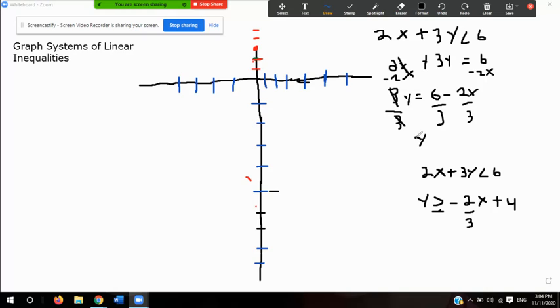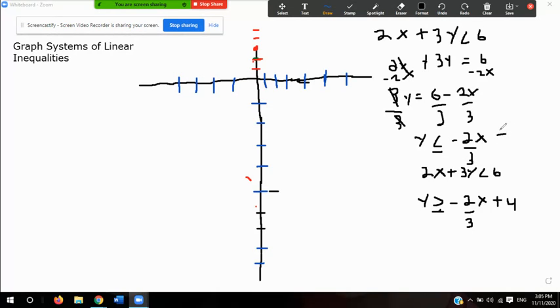So we have our answer: y is less than negative 2/3 x plus 2, because 6 divided by 3 is 2.